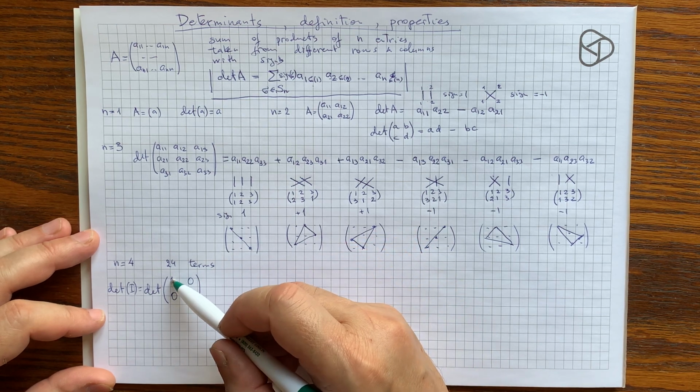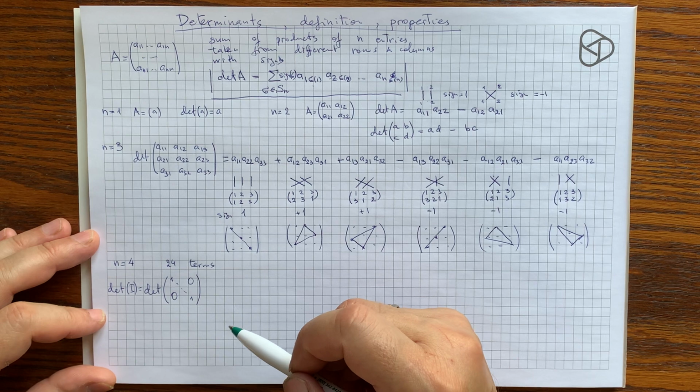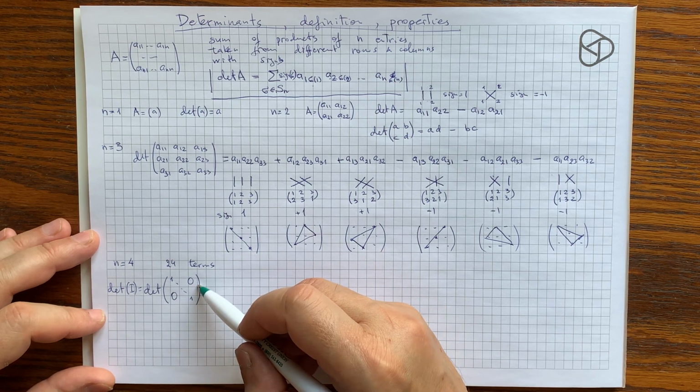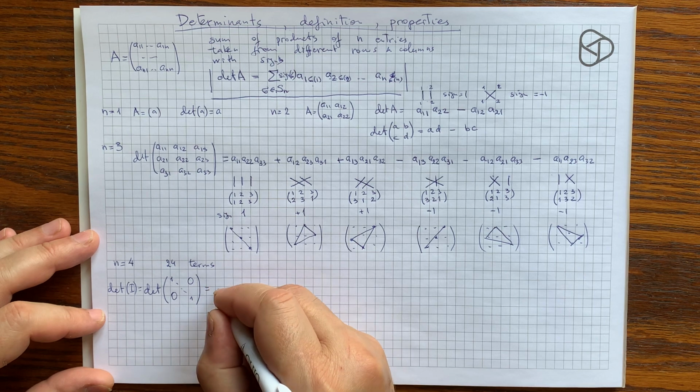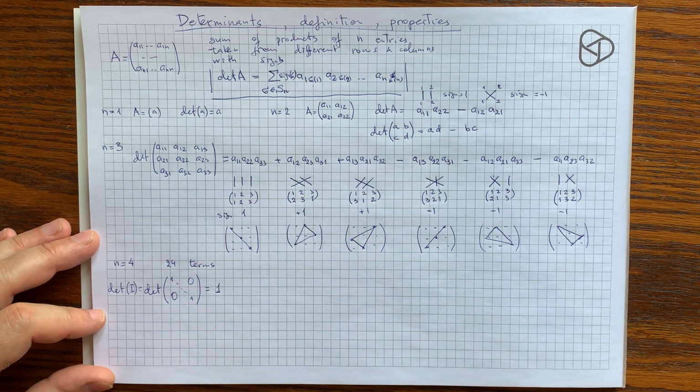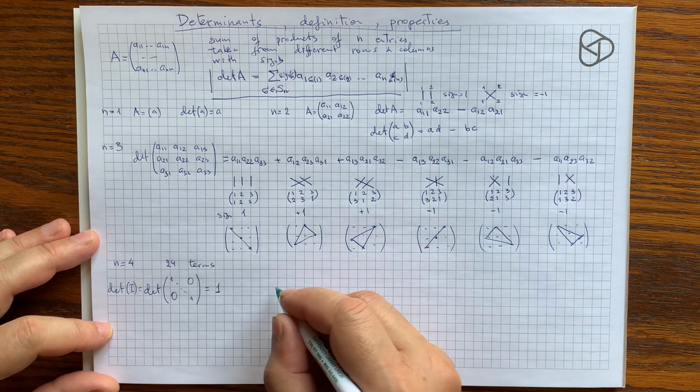We can only take the first entry. Then from the second row, we have to take the second entry, and so on. So the only product will be the product of diagonal entries, and it will be 1.